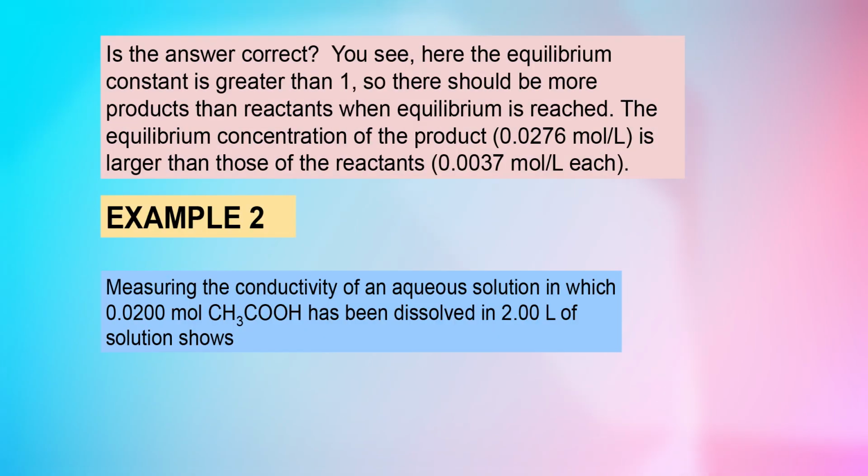How can we check whether the answer is correct? You are getting a value much greater than 1, and it should be so, because there are more products than reactants when equilibrium is reached, and it is given that 0.0276 is larger than those of the reactants. Okay.